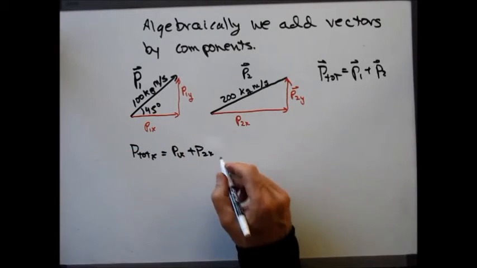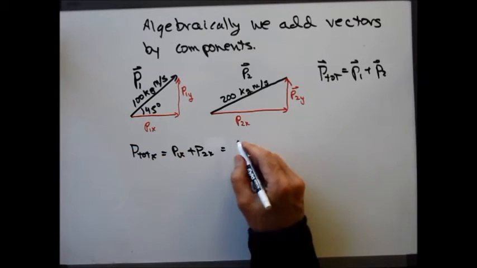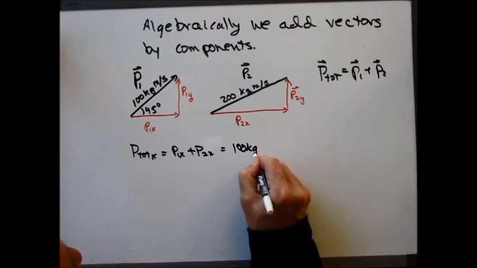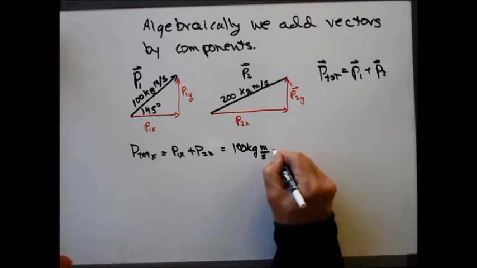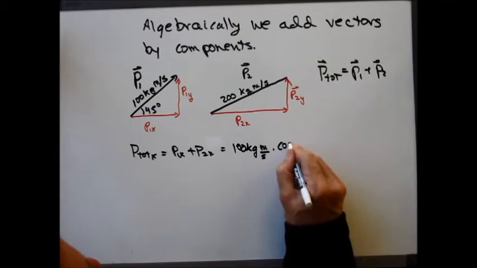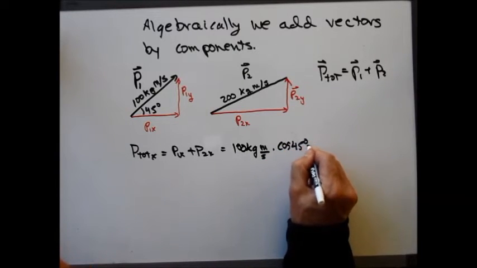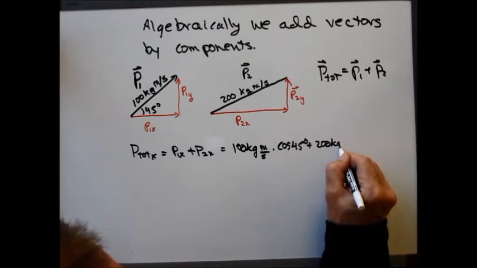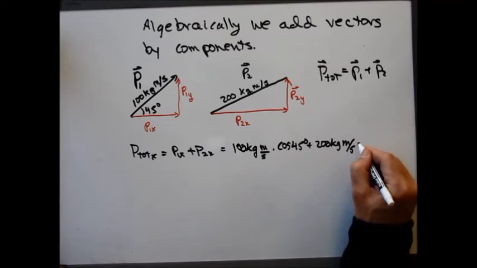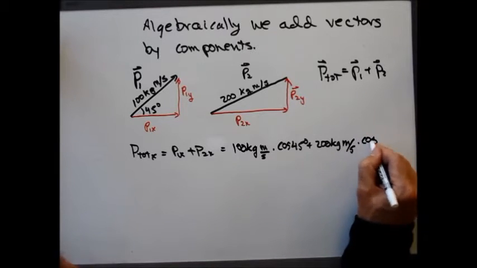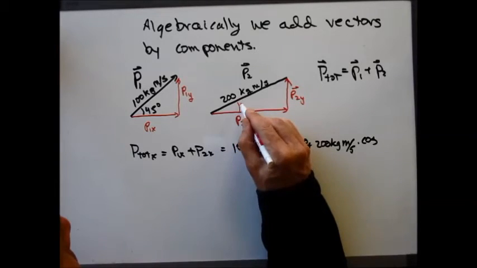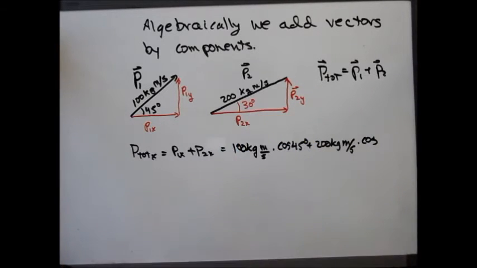The two x components, and that's equal to this one is 100 kilogram meters per second times the cosine of 45 degrees plus this one is 200 kilogram meters per second times the cosine of 30 degrees.